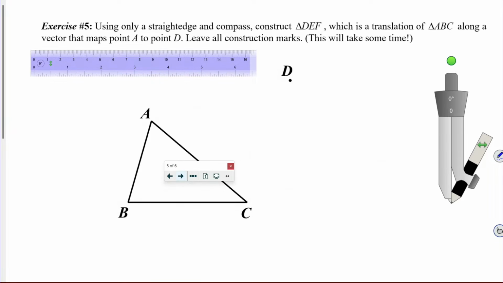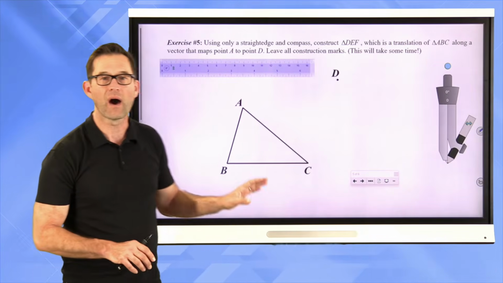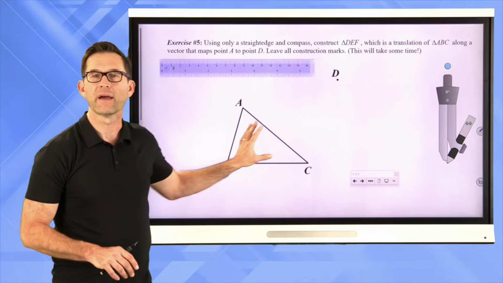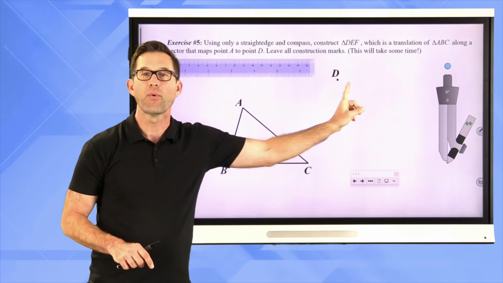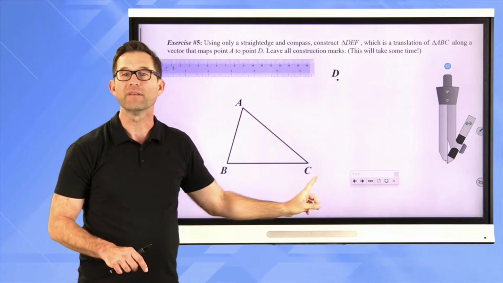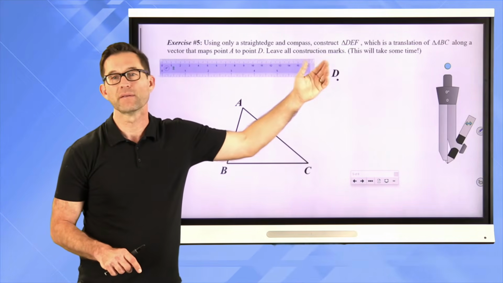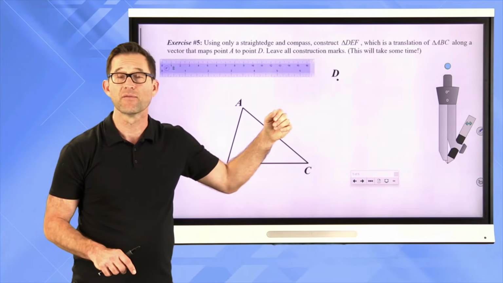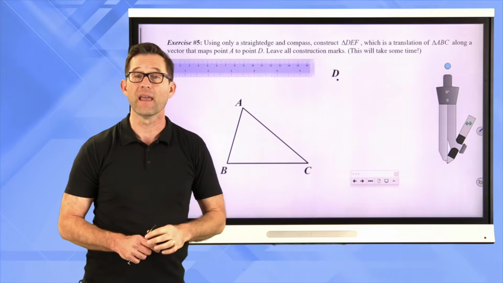All right, so just to make sure you understand, what I want to do is take this triangle and translate it over so that point A maps to point D, right? And then point C and point B get mapped to wherever they're going, E and F respectively, using the exact same vector that I used to translate A to D.